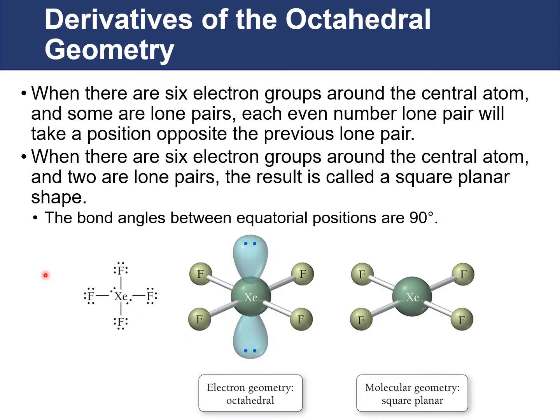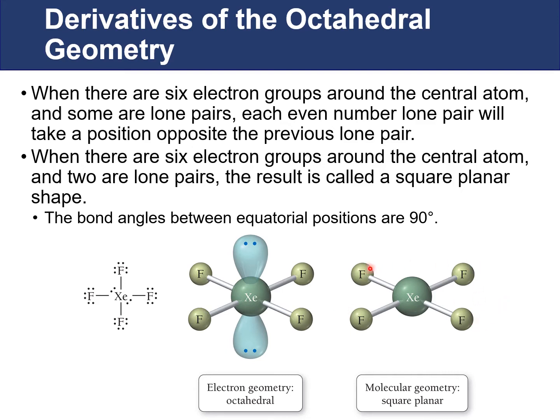If we now swap out an additional bonding pair for an additional lone pair, we will have 6 electron groups around the central atom and 2 lone pairs of electrons. The result is called a square planar shape. The reason it's called square planar is because when we're considering only the atoms, they form a square and it falls along one plane.